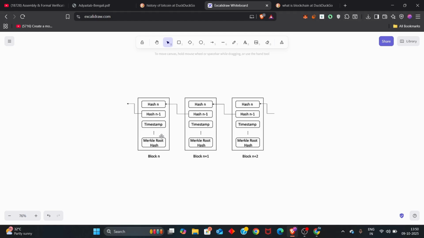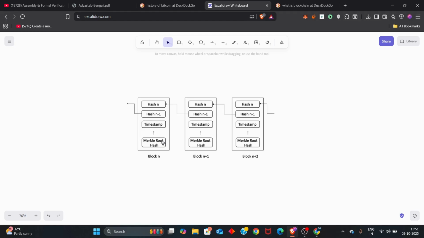I don't think you need to know about the Merkle root hash right now, because it is an advanced topic. When you learn the core concepts of blockchain at an advanced level, like how it is made at the core level, then you will need to learn the Merkle tree data structure. Actually, the Merkle root comes from a data structure called the Merkle tree.